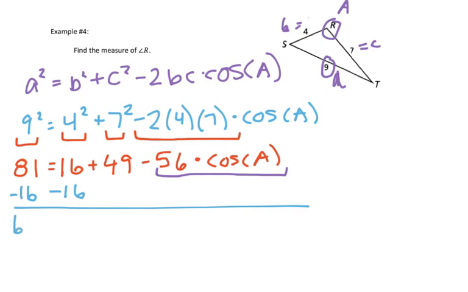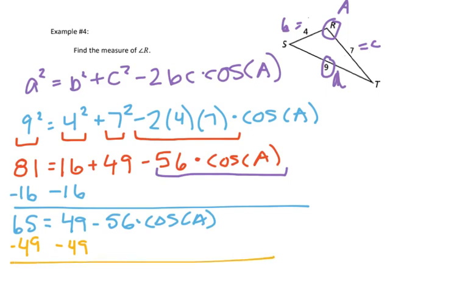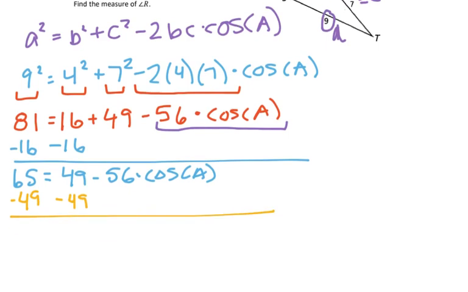So 65. And then I'll subtract out the 49. And then our last piece, notice that we have multiplication going on.